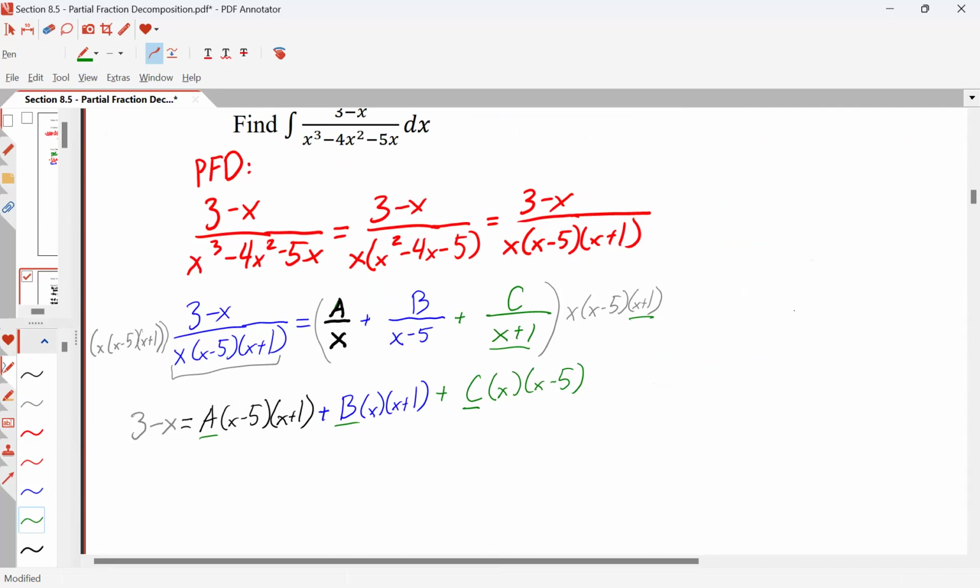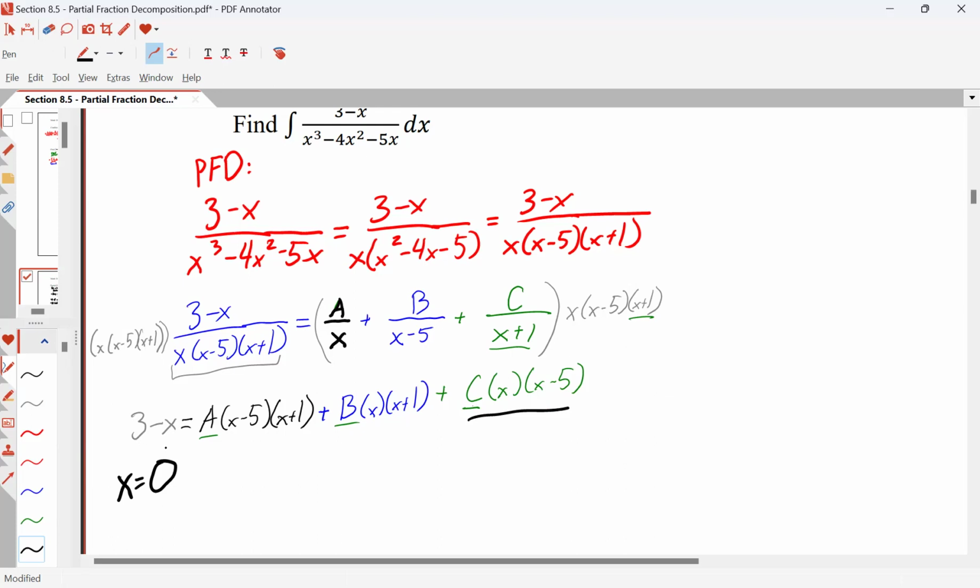Because if we notice, when x equals 0, we get B times 0 times 0 plus 1. And we get C times 0 plus 0 times 0 minus 5. These two terms will go away when x is 0.